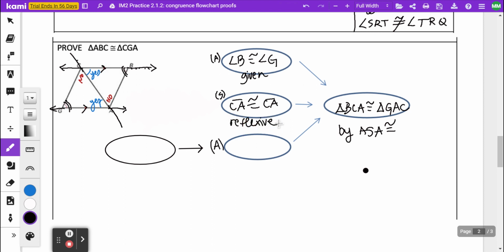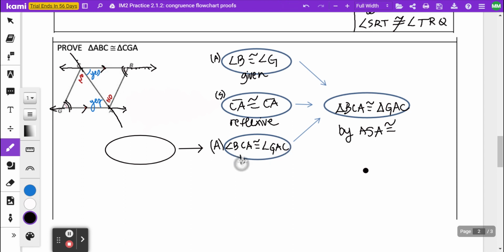And my last angle, I have to use three letters for it. Angle BCA is congruent to angle, okay, now I have to be careful. I want A to be the middle vertex, so GAC.